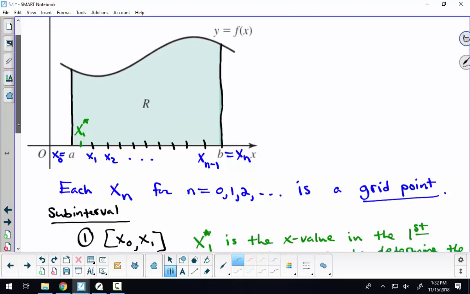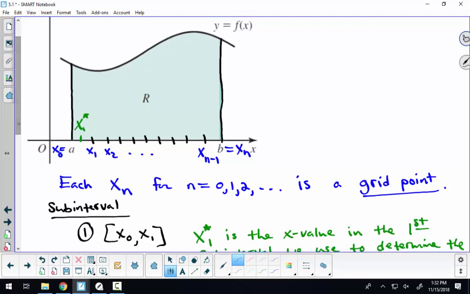Okay, so this sort of figure we're going to look at is helping us come up with the notation that we're going to see in the definition. Definition of the regular partition and of the area itself, the approximate area. So the idea is a little bit more technical. We have a function from A to B, and we're going to split that up into some number of partitions or some number of rectangles.